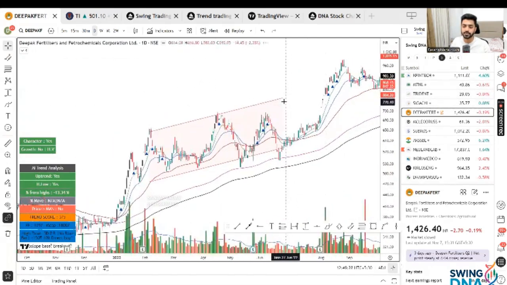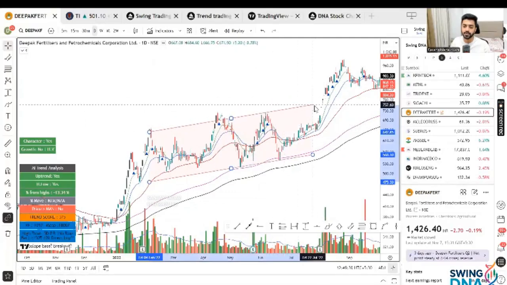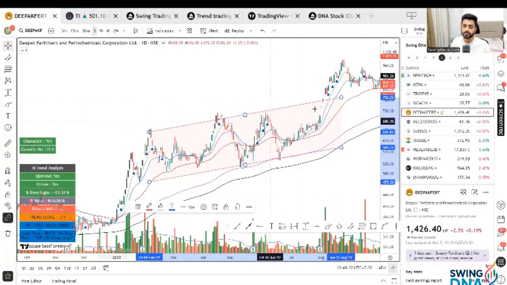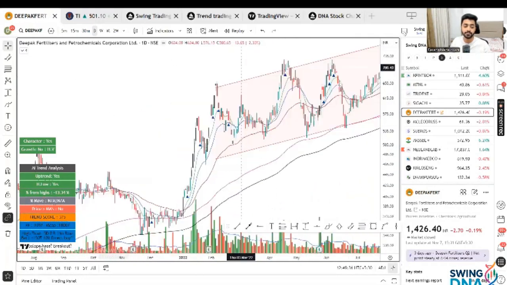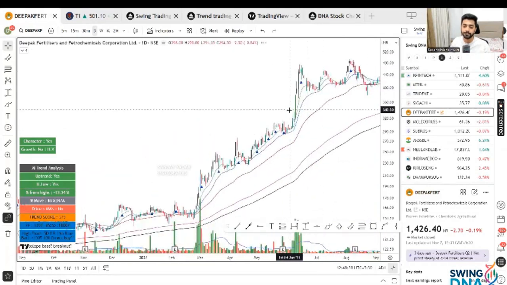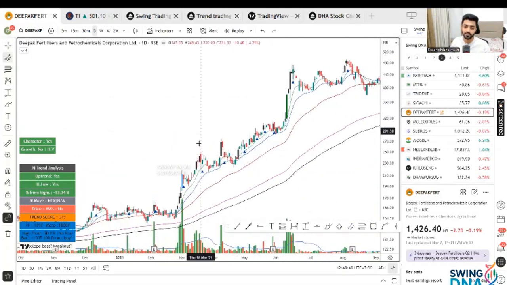Here, this is one. Eventually, after breakout, only some momentum came. This is like this. Very small one.